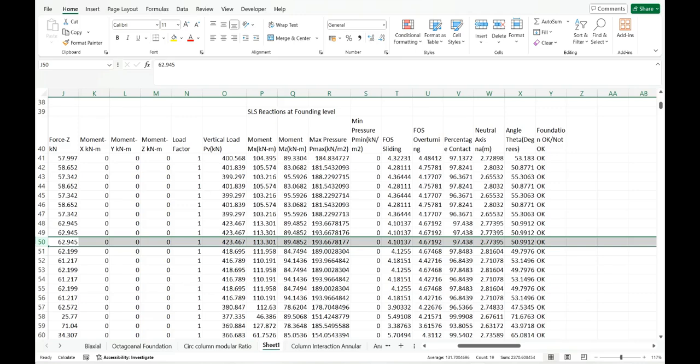The one point we need to bear in mind is many a time we think we err on the high side by considering maximum vertical load, maximum moment, absolute maximum moment in X and moment in Z, but that is not true, because in some cases it is quite possible that the vertical load could be minimum and there are higher moments in the same load combination that will create high loss of contact as well as high pressures, because the area of the footing is reduced. The concentration would be higher.